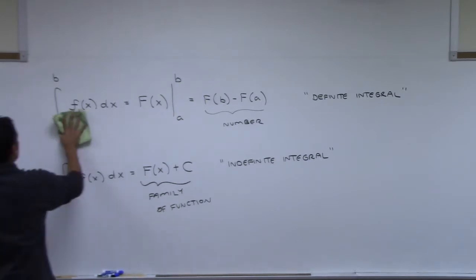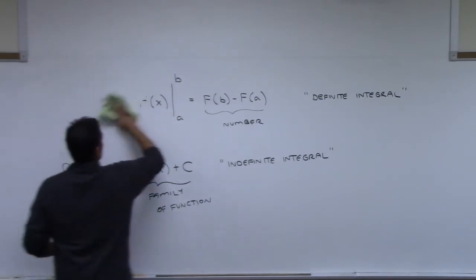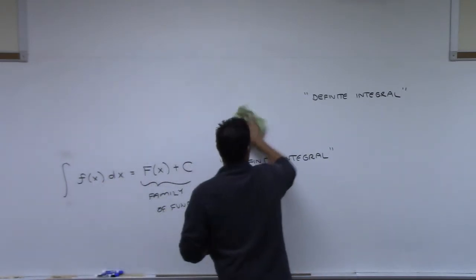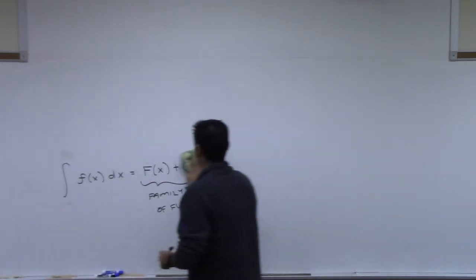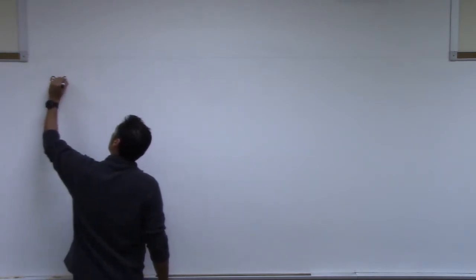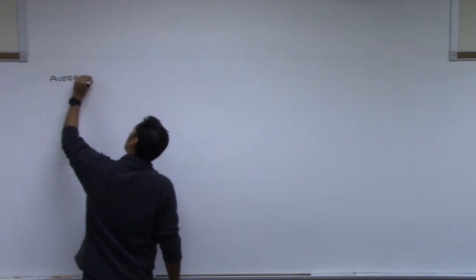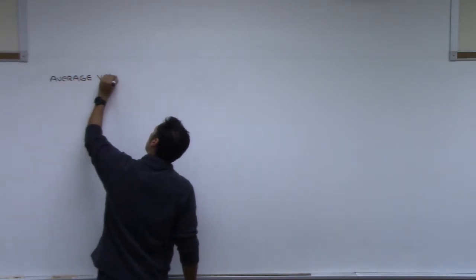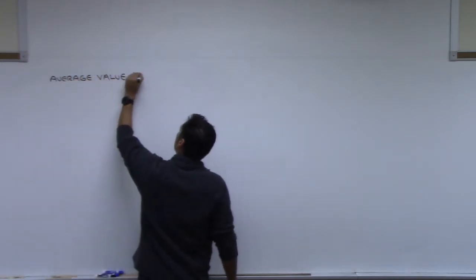So today's new formula is called the average value of a function.